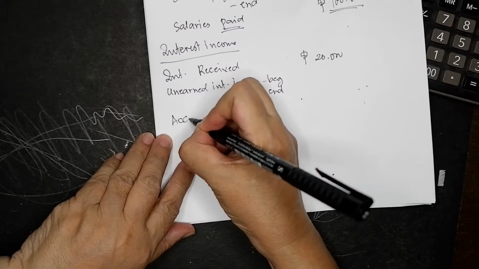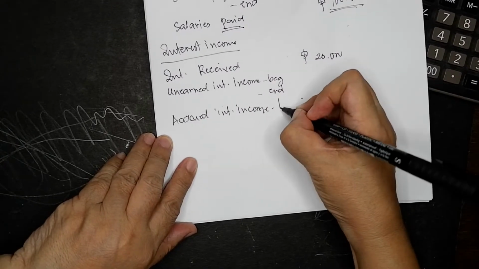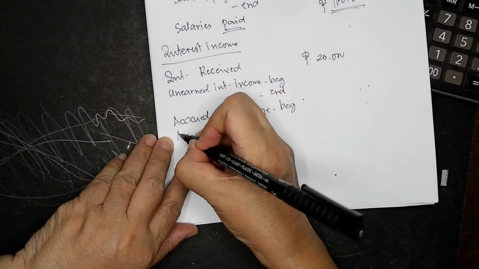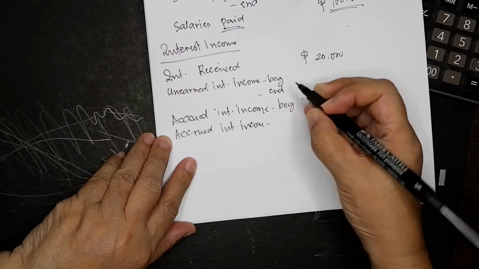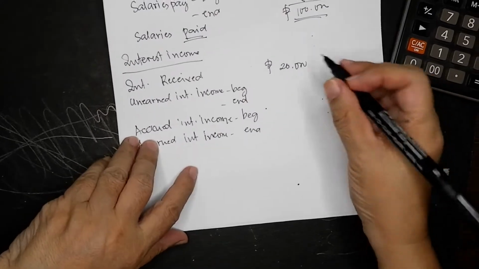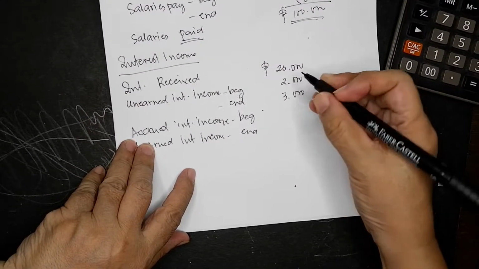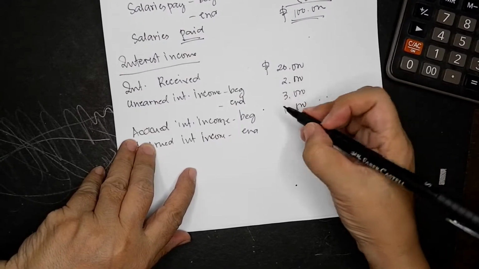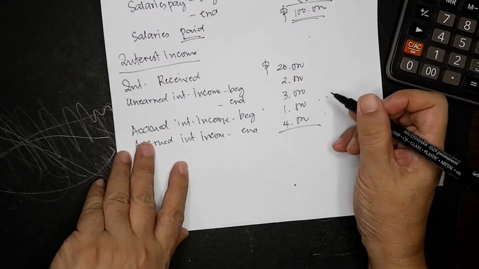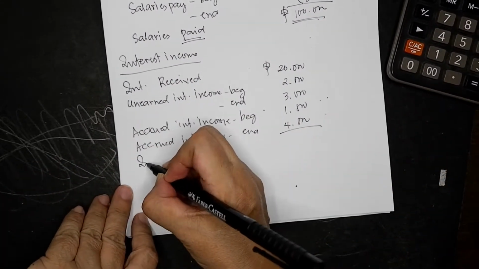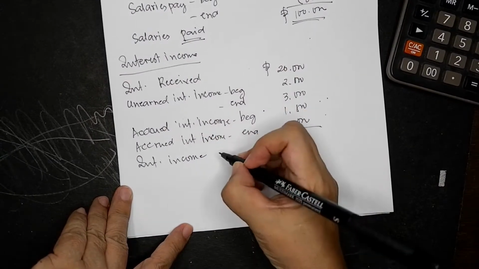At meron tayong accrued interest income beginning and accrued interest income end. So, we have 2,000, 3,000, 1,000, and 4,000. Okay. So, magkano ang interest income to be reported in our income statement?